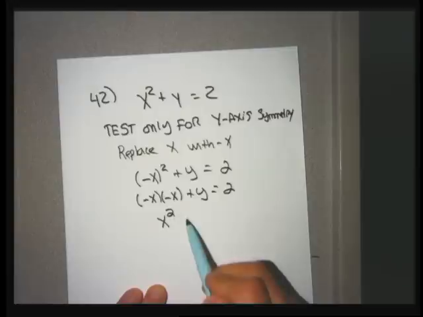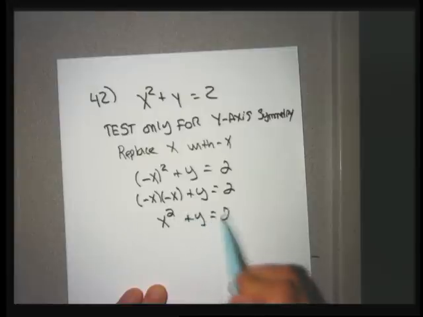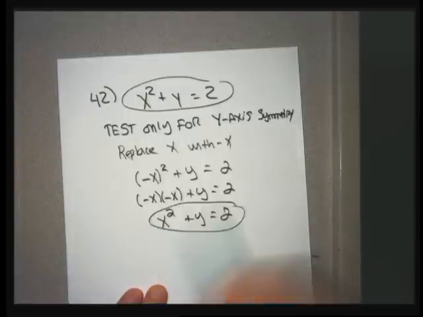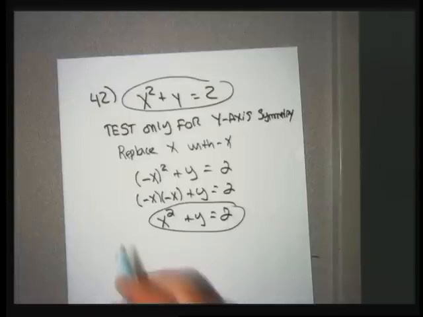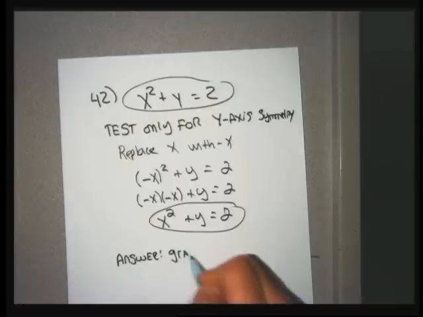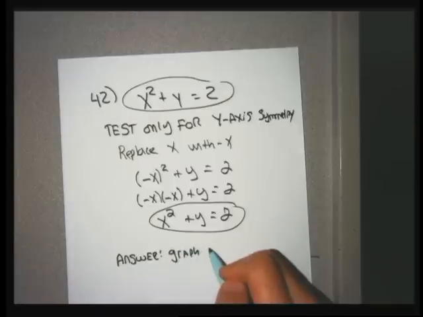When you multiply 2 x's, you get an x squared. Because the original problem and what I get when I simplify by changing the x to negative x are identical, then it has symmetry to the y-axis. So my answer for this is the graph has y-axis symmetry.